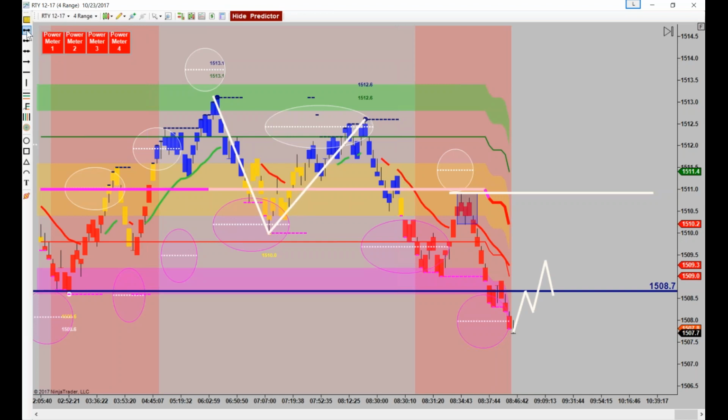I think sometimes when you see it drawn rather than with lightning, it makes a lot of sense because I'm drawing it manually. Everybody see this? I'm drawing this manually. Okay.